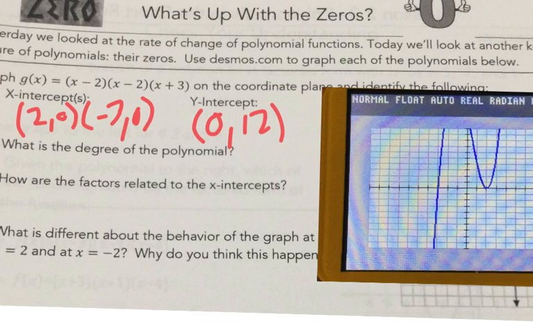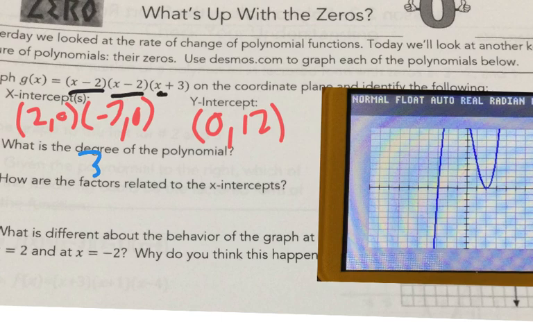What's the degree of this polynomial? It has 3 factors, so it's a degree 3 polynomial. How would you say the factors relate to the x-intercepts? So if I have a factor at x minus 2, what x-intercept did that give? 2. So the factors are the things that multiply together.